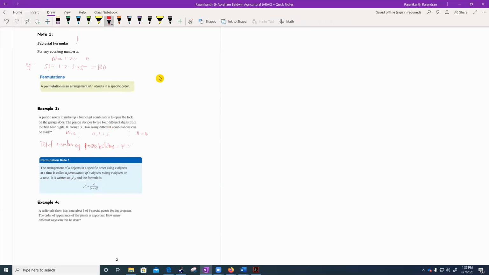Of the remaining two, there are two possibilities, and to choose the last number, only one possibility. Therefore, the total number of possibilities is 4 times 3 times 2 times 1. In factorial notation, this is nothing but 4 factorial, right? So that is how much? 24. So there are 24 different combinations he could make, by using all four digits once at a time.